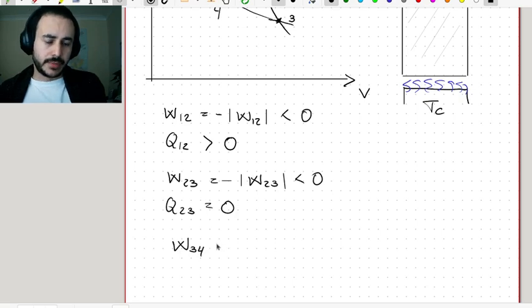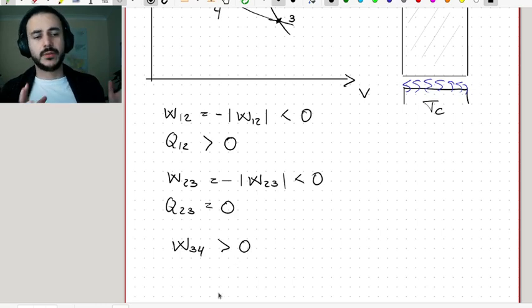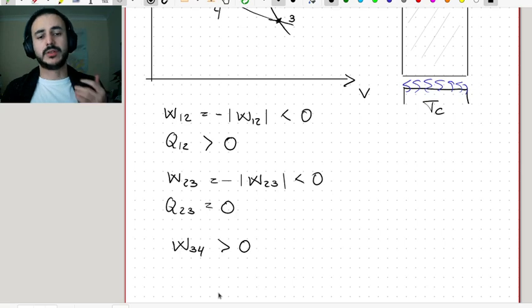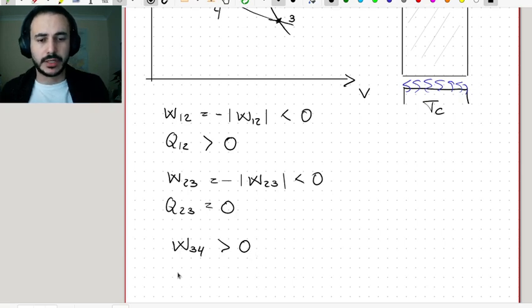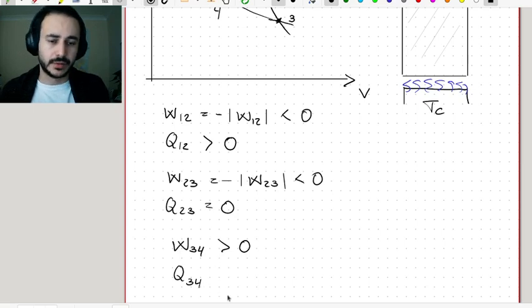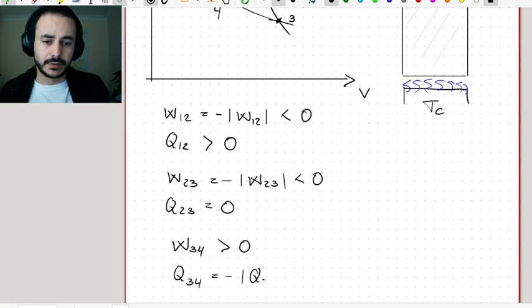We are doing work on the system, so now the work is going to be positive, and we are doing an isothermal process in which we have to keep the temperature of our gas constant, but we are compressing it. So the gas would like to heat up, but we are keeping the temperature constant, and to make that possible, the gas has to release some heat into the heat bath. So it means that the heat is going to be negative in this case.